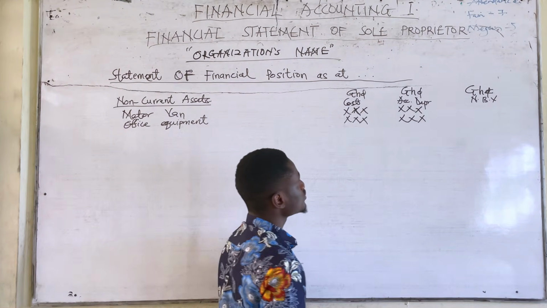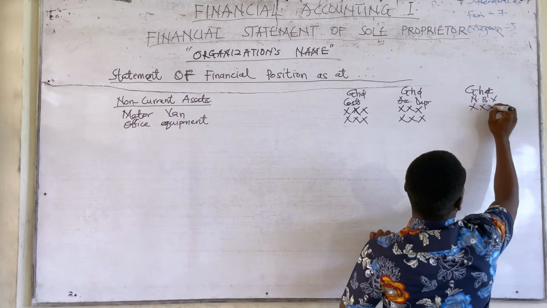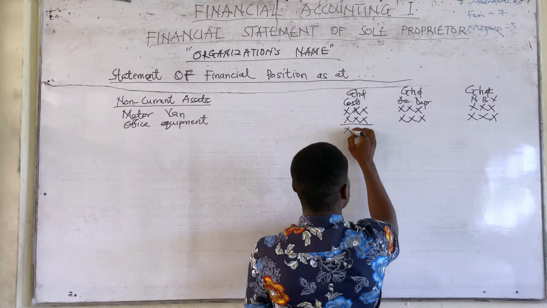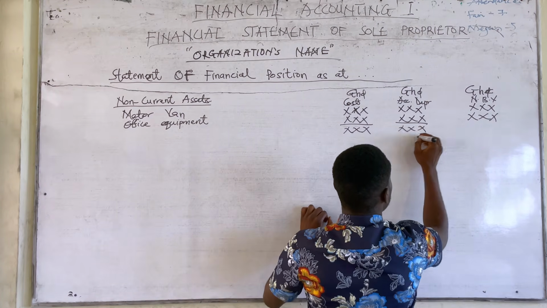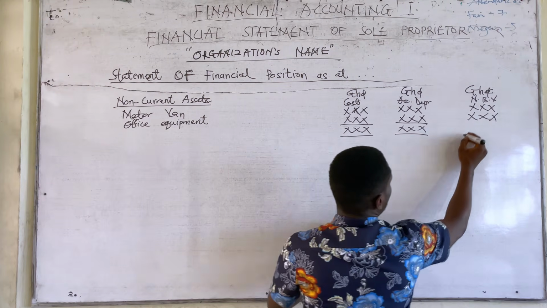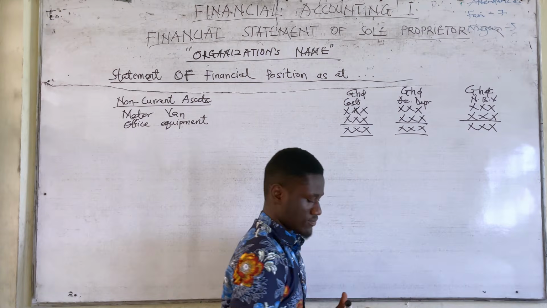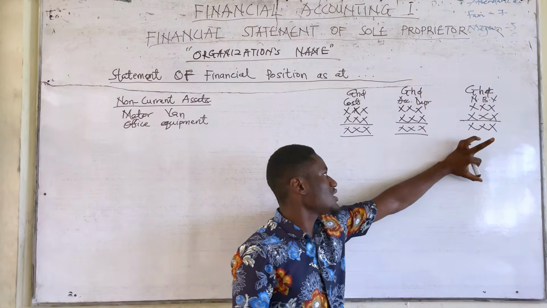So we less this from this, less this from this. What we get is our net book value. So we assume there are only two non-current assets. We total it, but we are not going to close it. This is what we are going to work with. So after doing this, you leave it there.